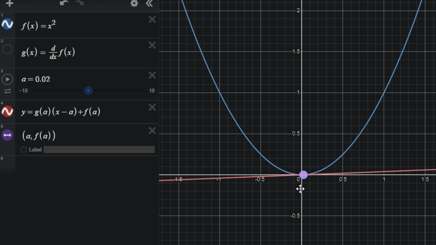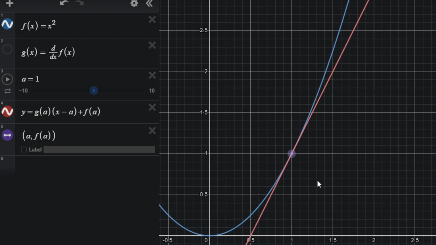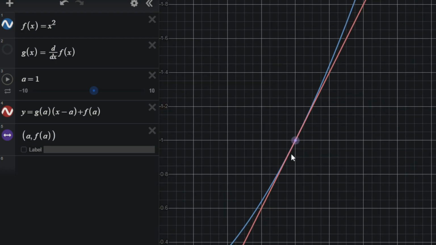Okay. So what about this one right here? It's a little bit harder to imagine here. And there's nothing giving us the value of the slope of the line on the graph over here.